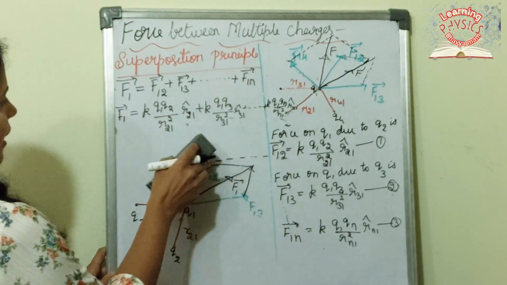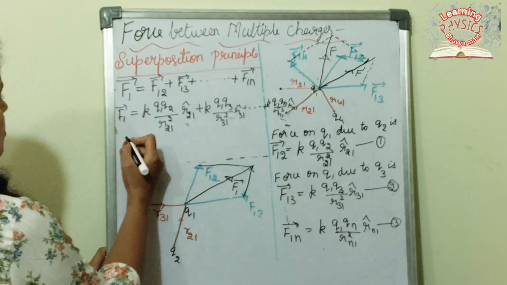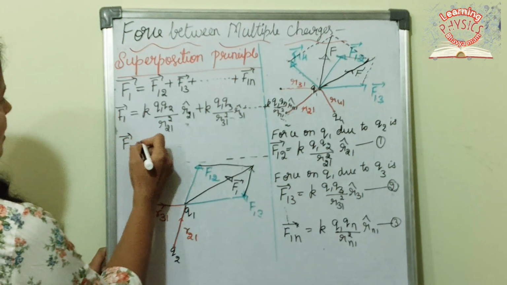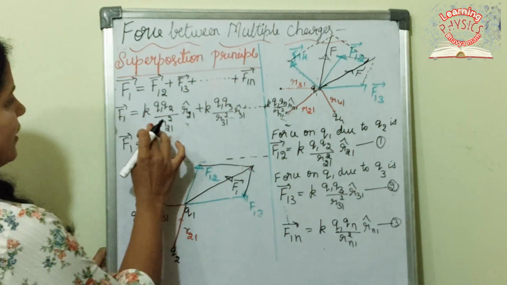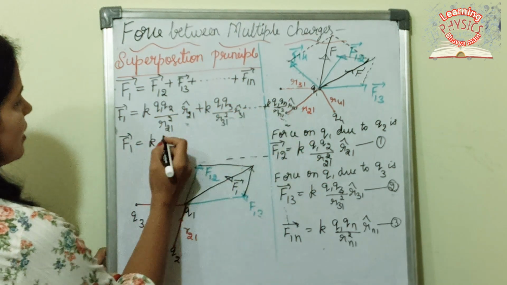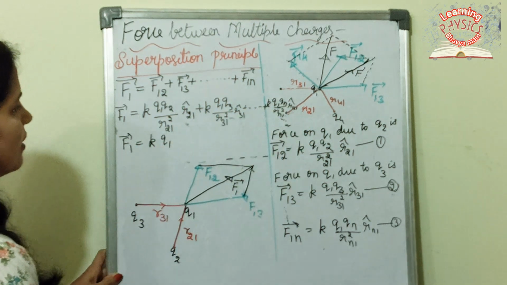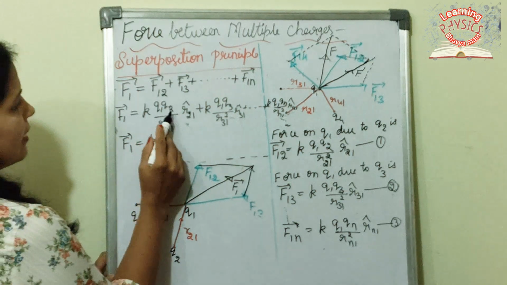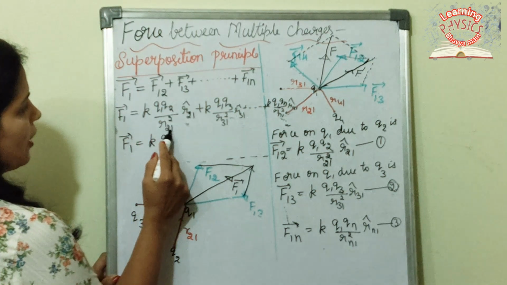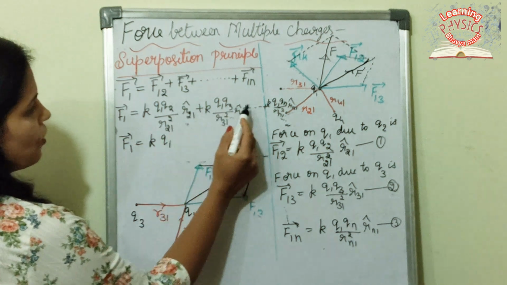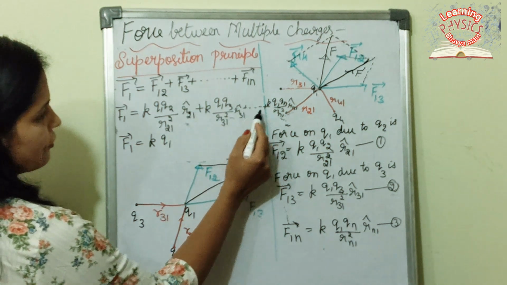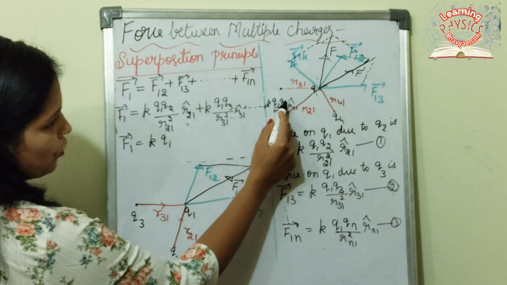Now, which is constant here in this expression? You can see that K is constant, and which one is common in all the terms? Q1 is common, right? In the first term Q2 R21, in the second term Q3 R31, like that Q4 R41, and like that Qn Rn1.